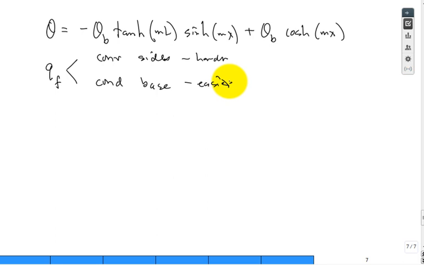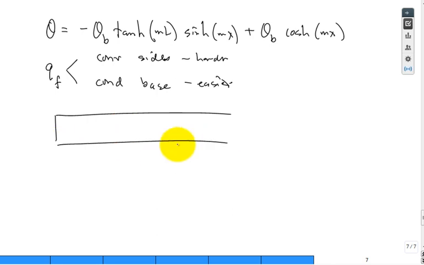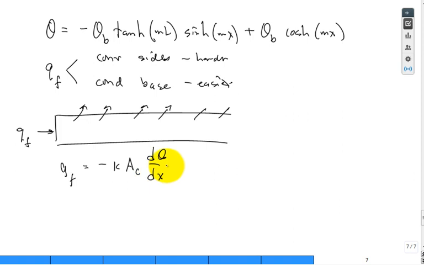So if I have my fin right here, this is the base, and I want to know what is Q going into the fin. We know it's eventually convected off, but what is going into the fin? Wouldn't that be given by Fourier's law at the base? So wouldn't the Q in the fin be equal to minus k A sub c d theta dx evaluated at x equal to 0?